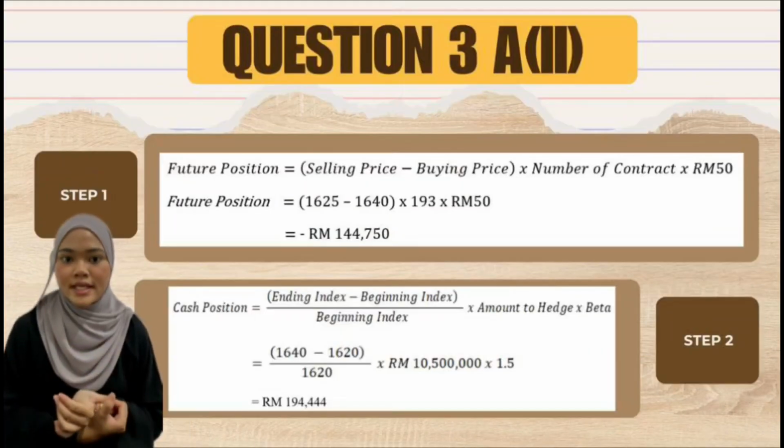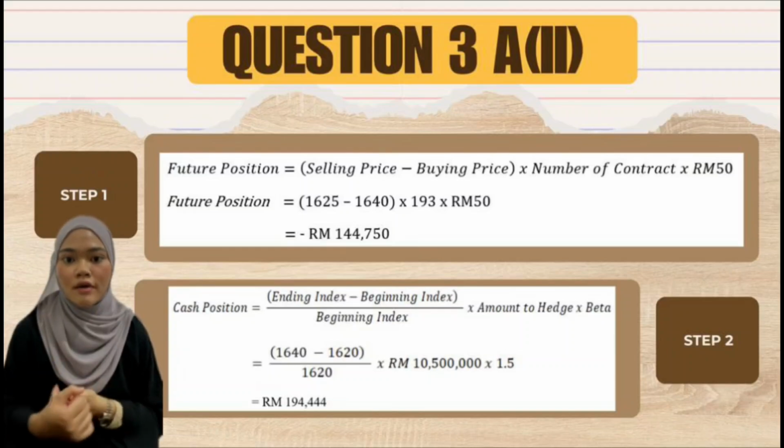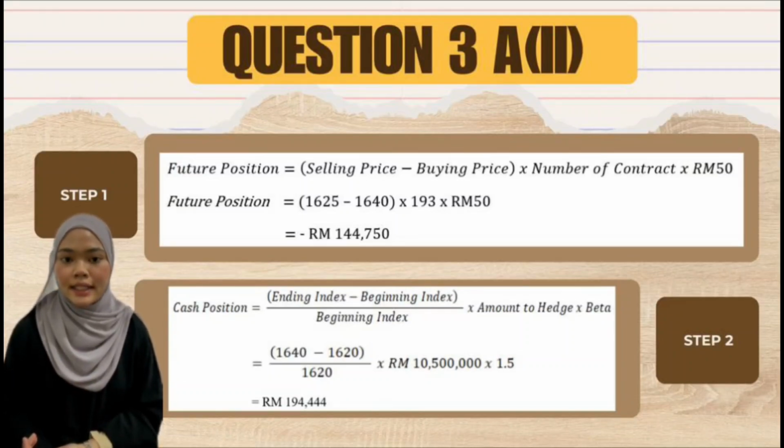Question number 2 requires calculating the value of the hedged portfolio after 90 days. Firstly, I calculate the futures position. Since the fund manager expects a downward correction, the appropriate strategy was to take a short position in FKLI futures. The futures price increased from 1625 to 1640 at maturity.